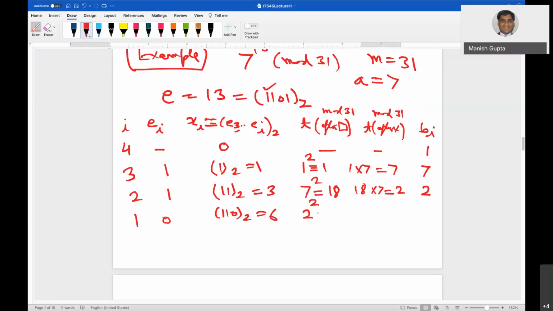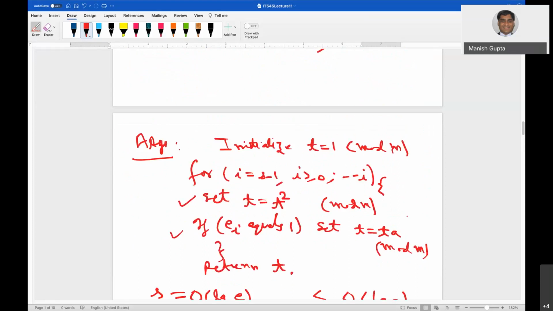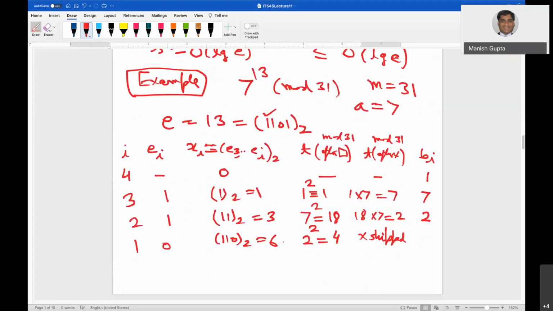We are computing a square. 2 square is 4 mod 31. Now here this multiplication is skipped, right? Multiplication is skipped. Why? Because ei is 0. If you remember, we have to multiply only if ei is 1. Otherwise we skip. So the multiplication is skipped and the value turns out to be 4.